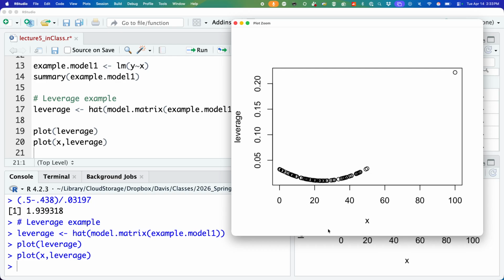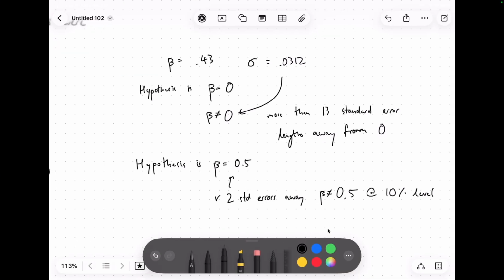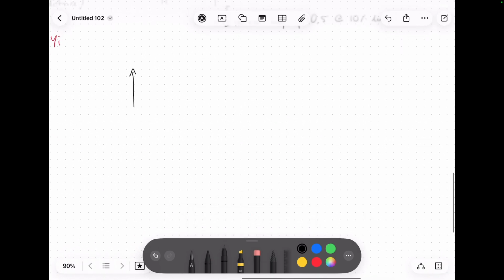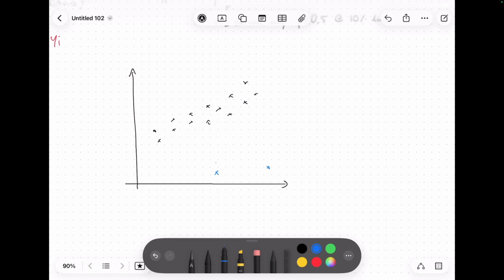If I have a bunch of data points like this, and I have an outlier here versus an outlier here, the ones closer to my extreme ends will exert more leverage, kind of like torque, than the ones closer to the midpoint of my overall points.